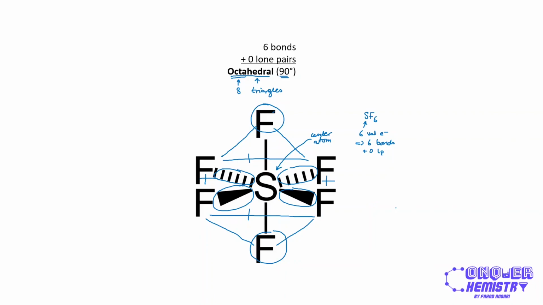And you also need to remember how to draw these different shapes using the conventions, right? Flat bonds are within the plane of the screen or the sheet of paper. Solid wedges are bonds coming out of the sheet of paper or screen towards you. And the dashed wedges are actually going into the screen or sheet of paper away from you, right? So that is all about shapes of molecules.